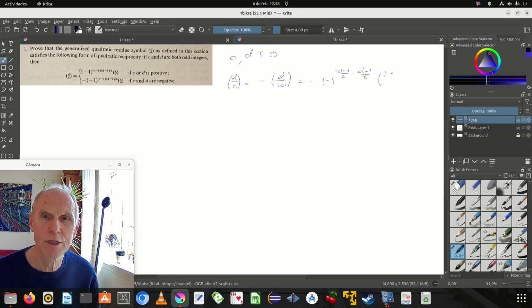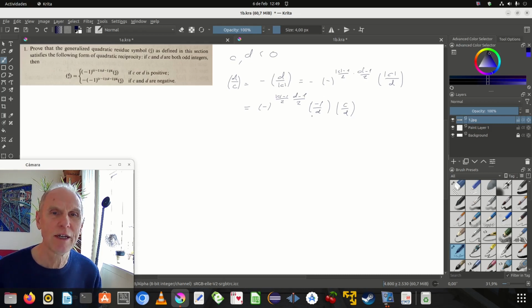Oops, that was C over D. And we do the same trick. Maybe they could be combined somehow, because this is the same thing. Now it's just D that changed parity, and so the same argument goes.